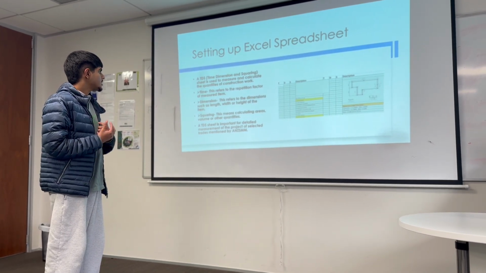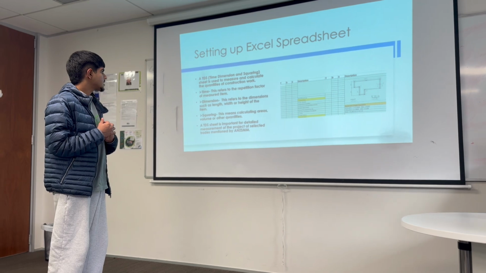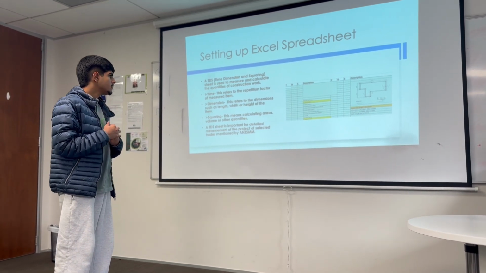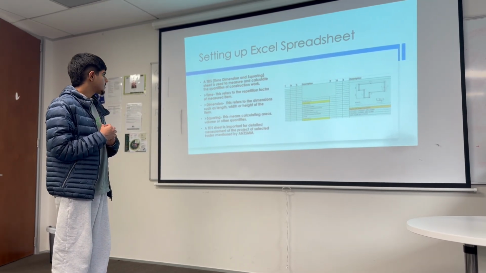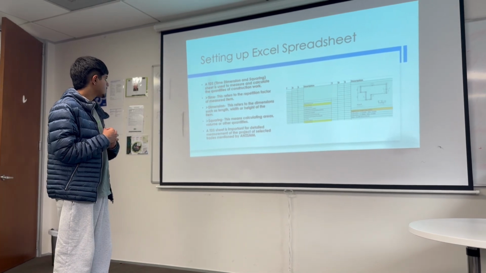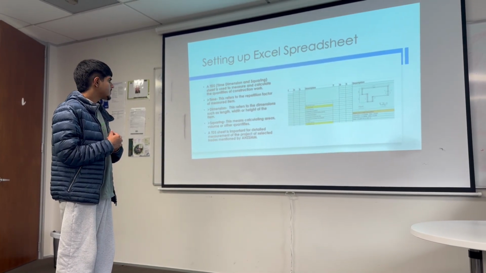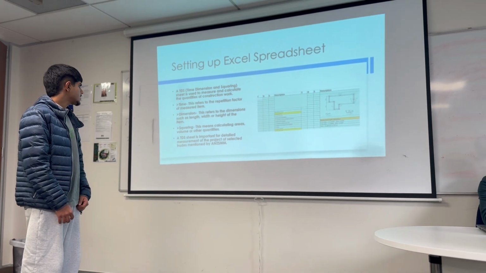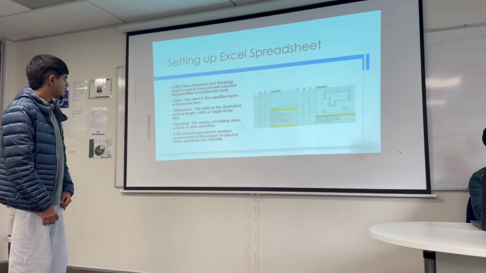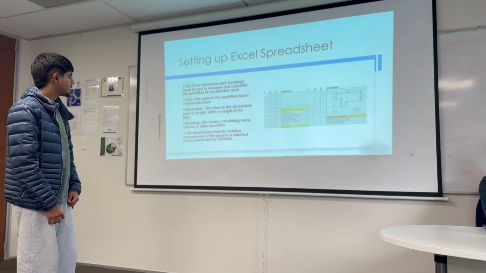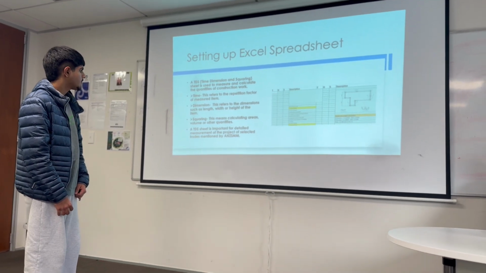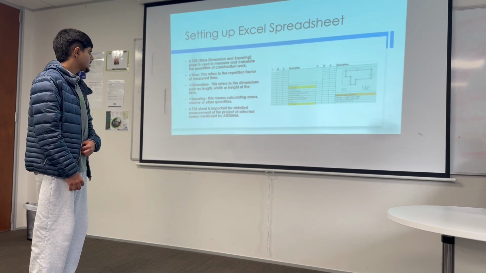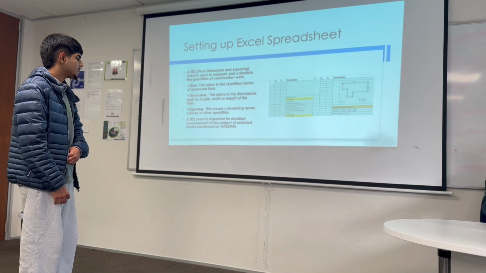Dimension refers to dimensions such as length, width or height of the item, like the beams and columns and everything. Squaring means calculating area, volume or other quantities. And lastly, the TDS sheet is very important for detailed measurement of the project of the selected rates mentioned by NZSMM.